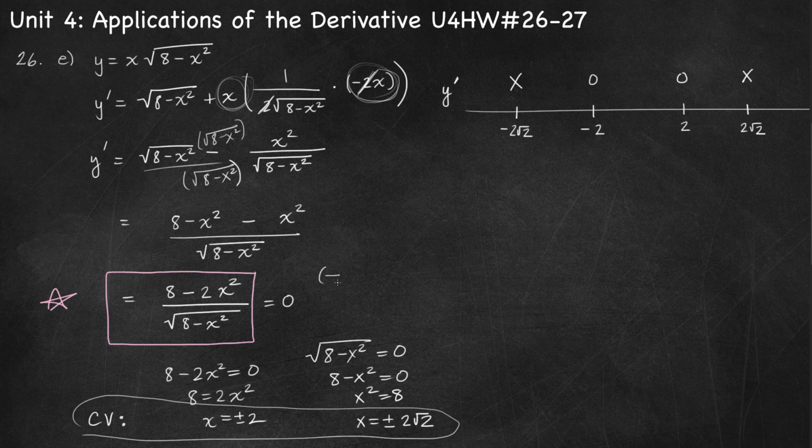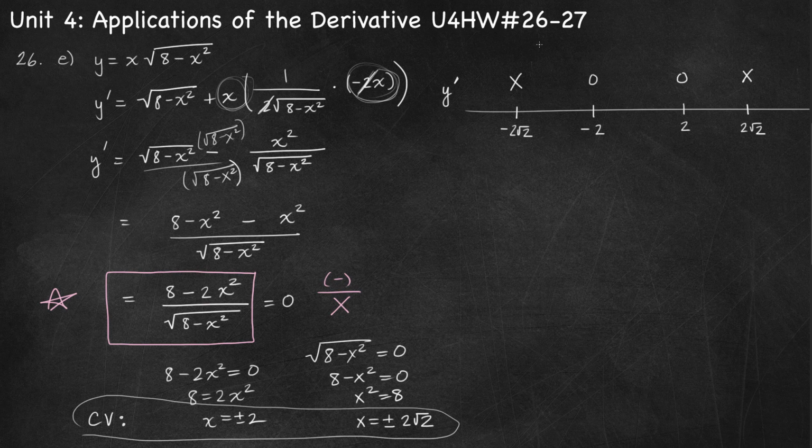So the numerator is negative. And then the denominator, when x is negative 100, we have 8 minus negative 100 squared. So 8 minus a really big number is a negative number, and the square root of a negative number is not a real number. So that's a problem. For negative 2 root 2, numbers to the left of that actually are not in our domain at all.